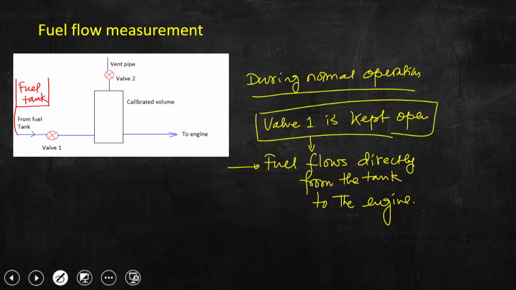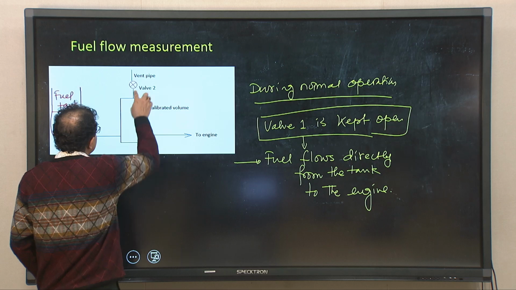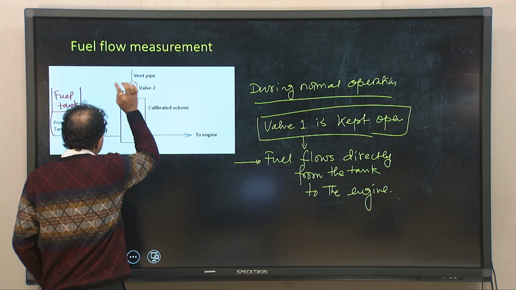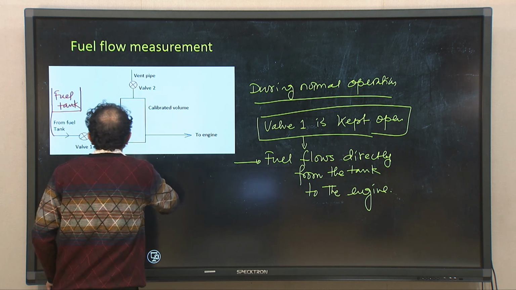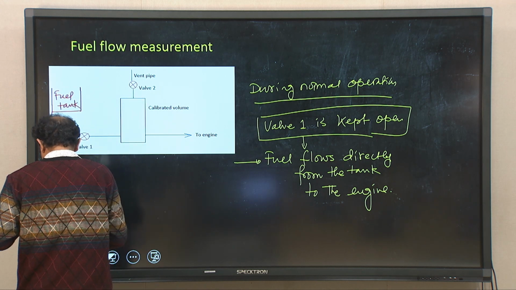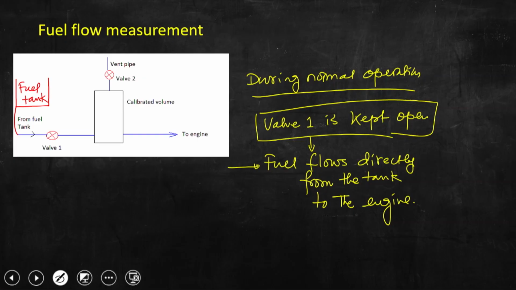Now, this calibrated volume is used to measure the amount of fuel to be supplied to the engine during measurement. So, the vane pipe should end below the level of fuel.